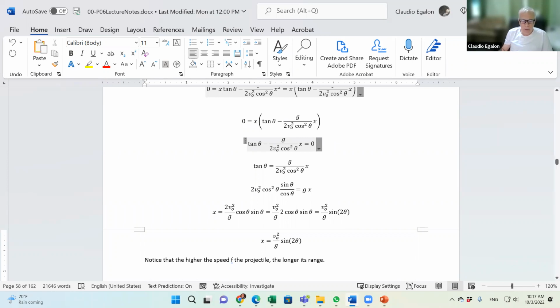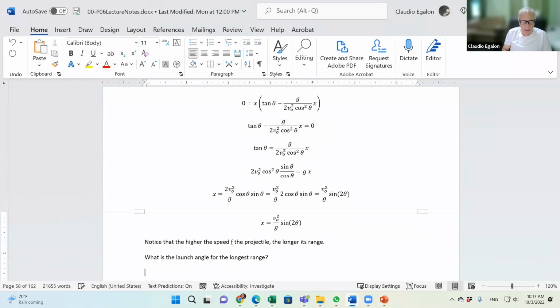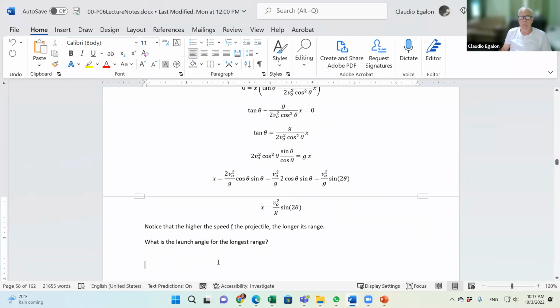So the next question is, what is the launch angle for the longest range? Okay, at this point in time, you should know that, right? Here's the equation for the range. Different angles of launch for a given speed are going to give you different ranges. Okay. But what would be the longest one?